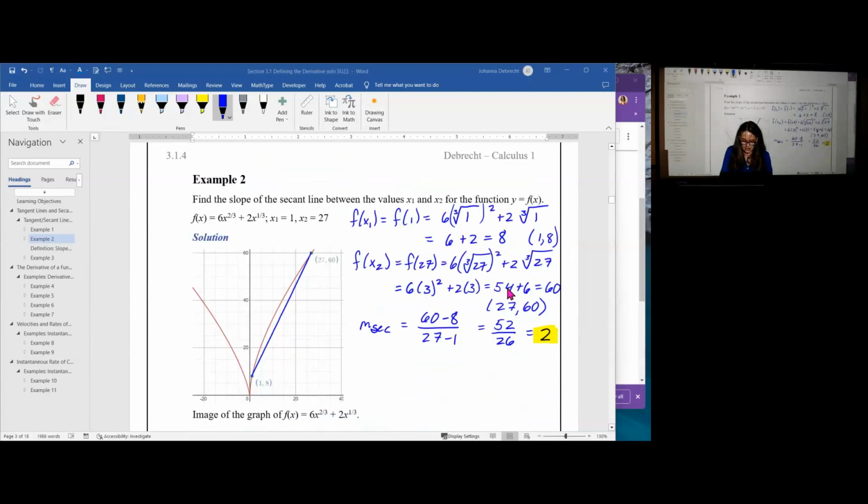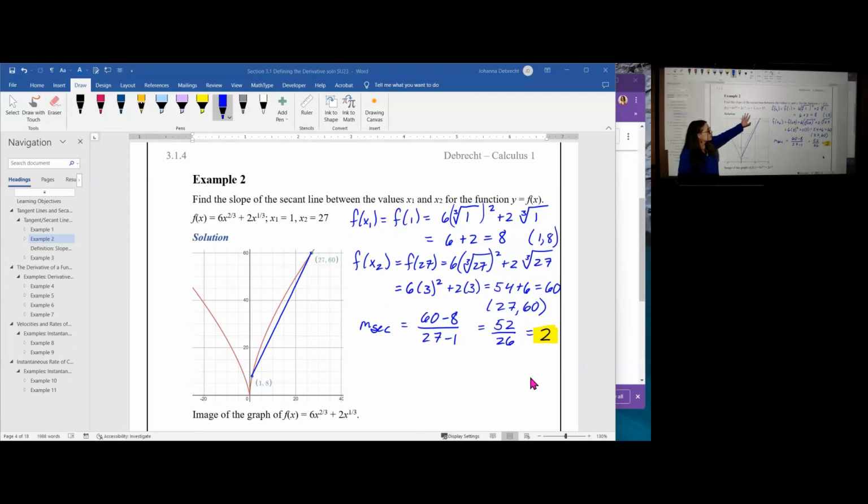Now let's look at example 2. Example 2 involves some cube root functions. Remember that the 2/3 power means the cube root of the number squared, and the 1/3 power means the cube root. When we substitute 1, we end up with a value of 8 for an ordered pair of 1, 8.